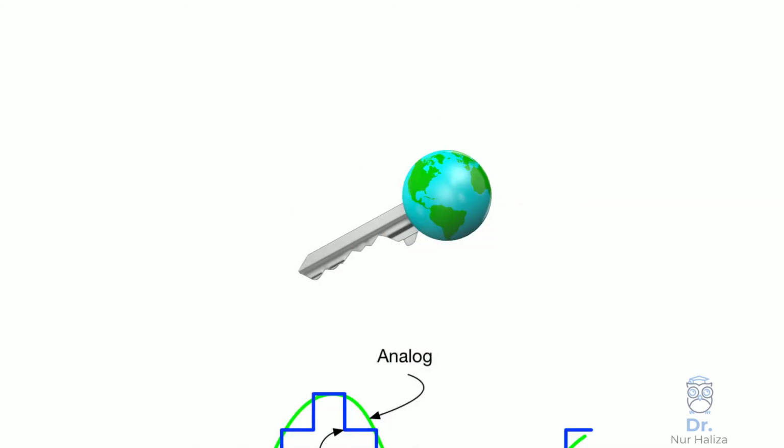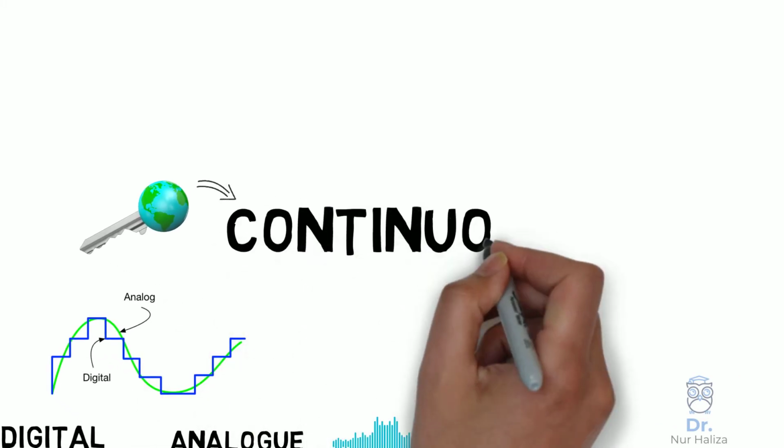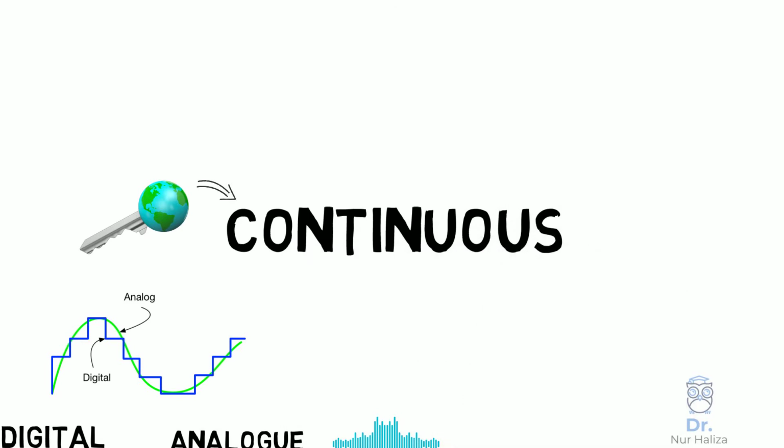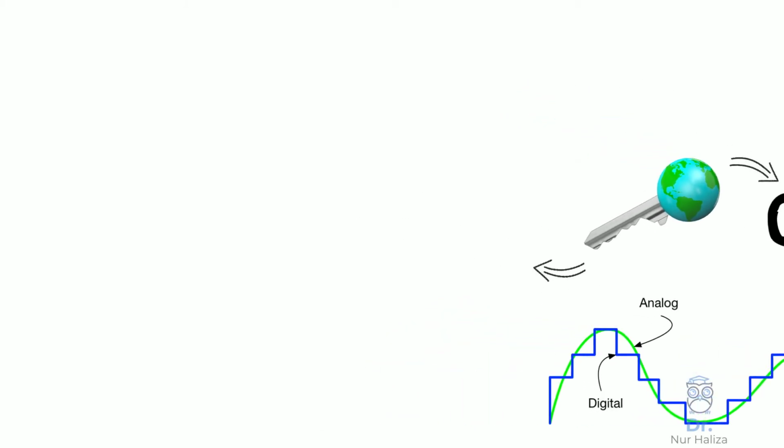There are big keywords that you can use to differentiate between these two. The first keyword for analog is continuous, and the keyword for digital that you can memorize is discrete.